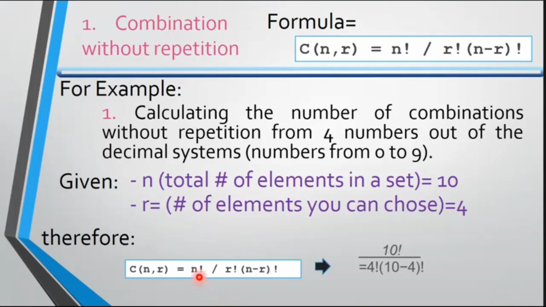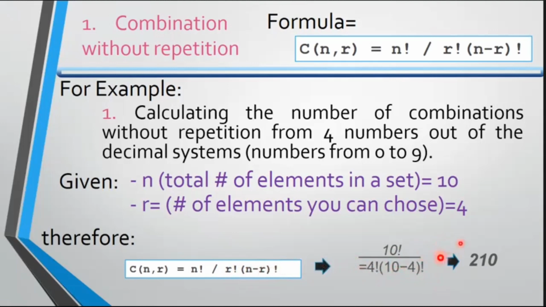Our n is 10, so 10 factorial over r factorial, r is 4, so 4 factorial, times (n minus r) factorial, which is 10 minus 4 factorial. So, ang may bilin ani is 6 na lang.